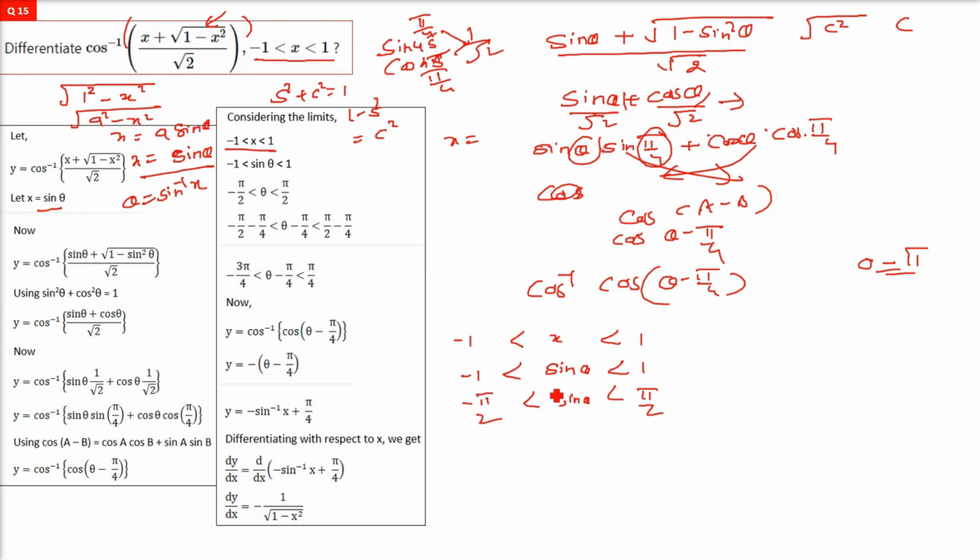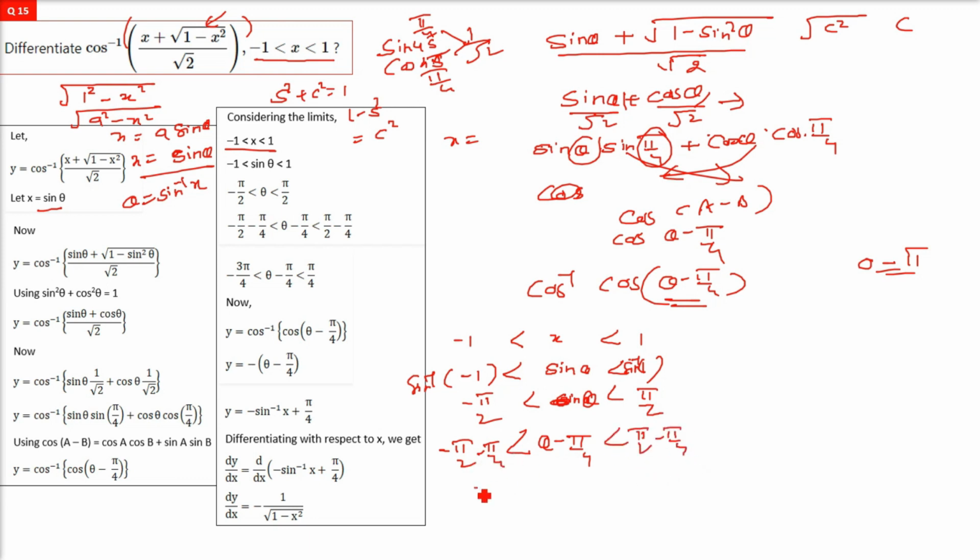Okay, now this is theta basically, not sine theta, because assume we have applied sine inverse on all the sides, all the content here. So negative pi by 2 and pi by 2. But you need theta minus pi by 4, that is inside. You are checking that only, no? So you have to subtract pi by 4 on all the sides. So minus pi by 2 minus pi by 4, theta minus pi by 4, and pi by 2 minus pi by 4.